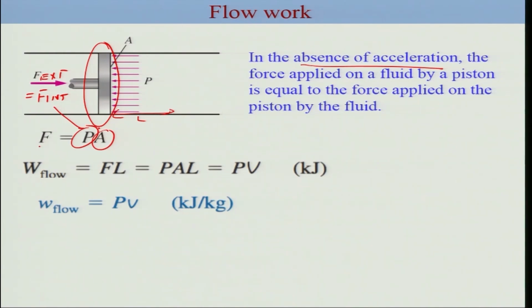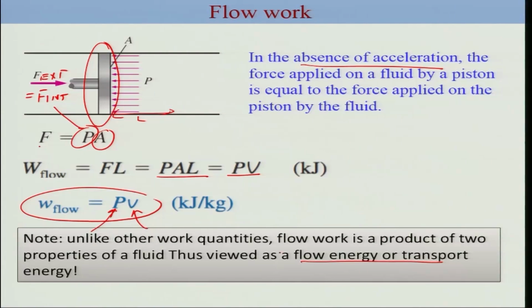Thus you can calculate your flow work as force times distance, which can be written as pressure multiplied by cross sectional area multiplied by the distance L, and thus it can be written as P multiplied by V. You can rewrite this on a unit mass basis in this form, where this is nothing but P and specific volume. So, note that the flow work contains two properties, pressure and specific volume.